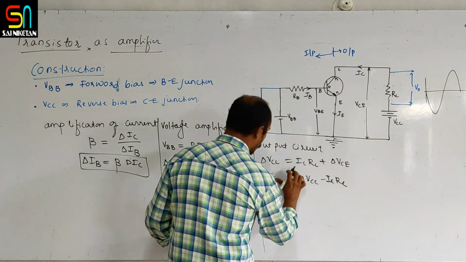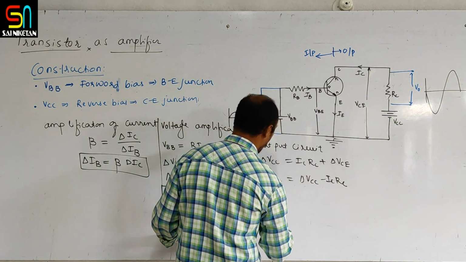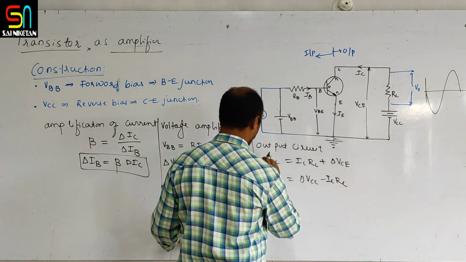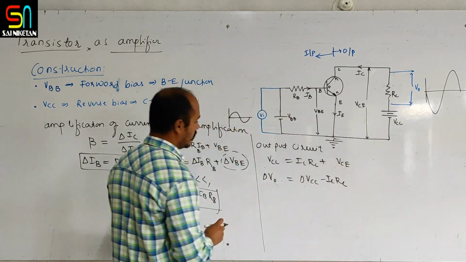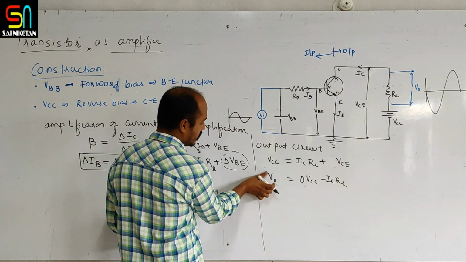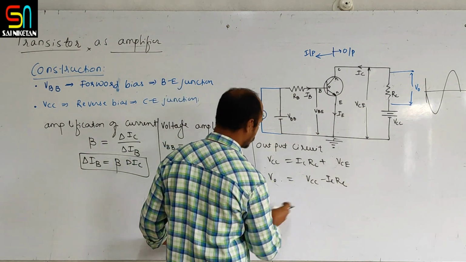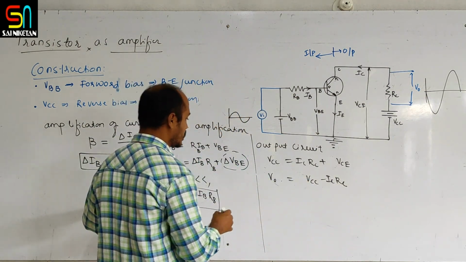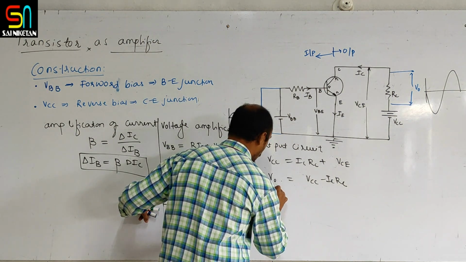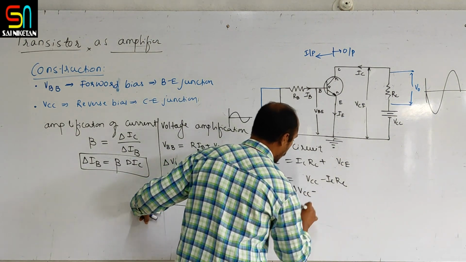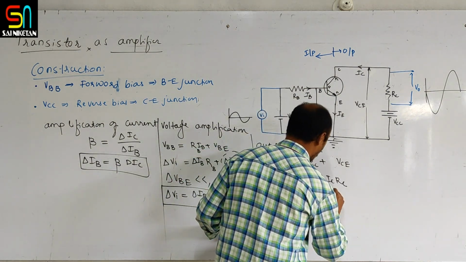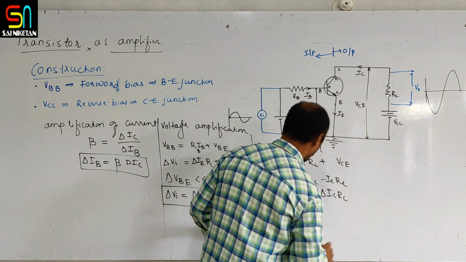It is nothing but the output. I am taking this as VO. Here first I have to write only VCC, not the delta. Now we will differentiate to get the changes. Then it becomes delta VO is equal to delta VCC minus delta IC RC.